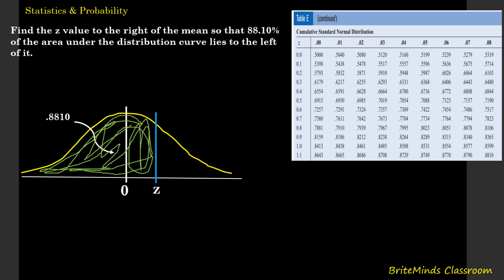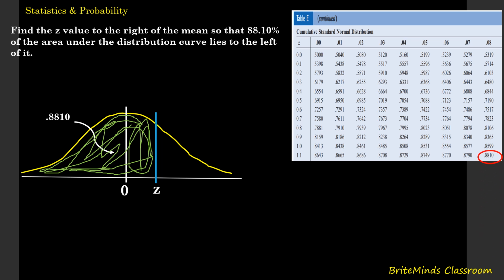According to our procedure table, if the area is located to the left of any z, we just locate the area in our table of values.